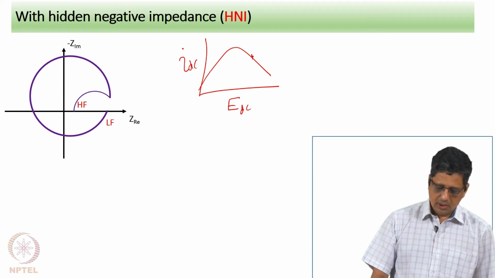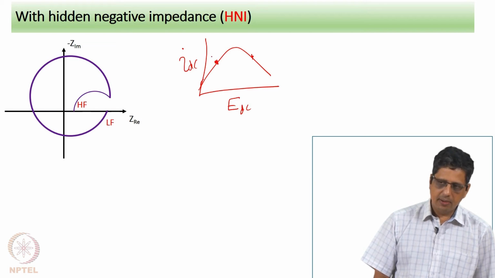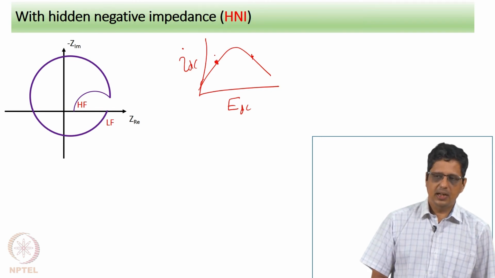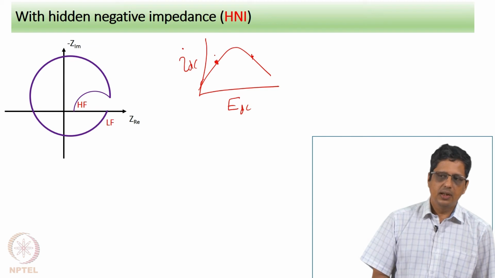Now, if I take impedance data here, I would expect that the data will settle in the positive region. I do not have any reason to think that it may have a negative real value.